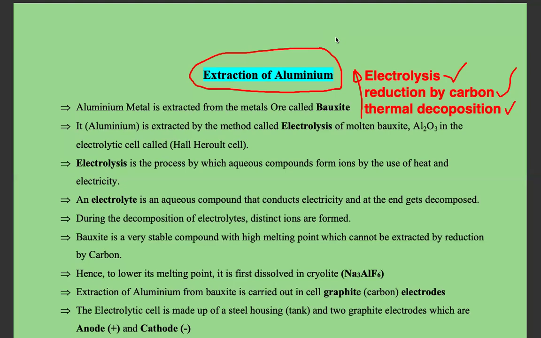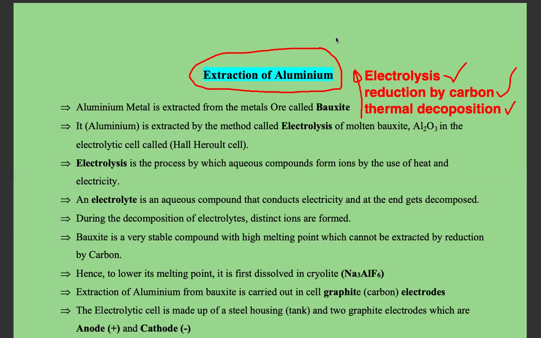Just like iron has got many metal ores, but the chief metal ore is hematite.